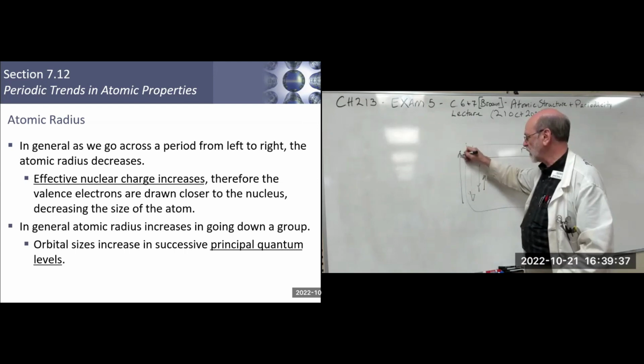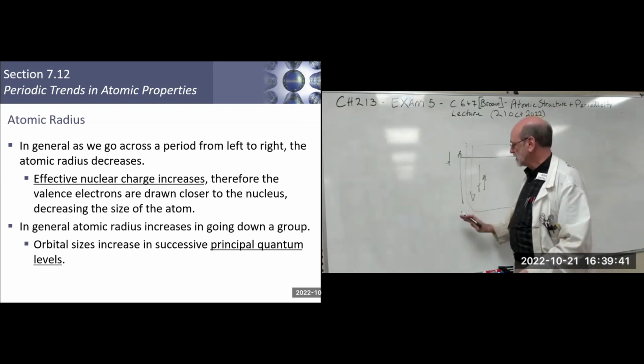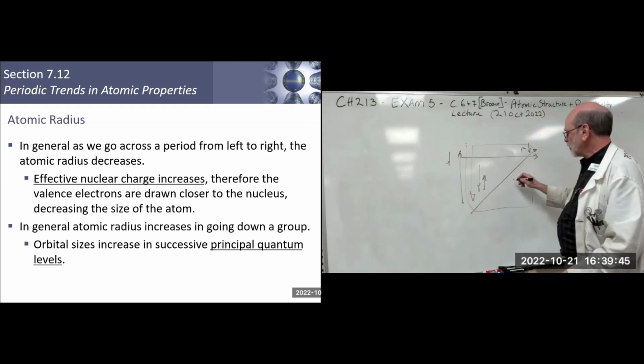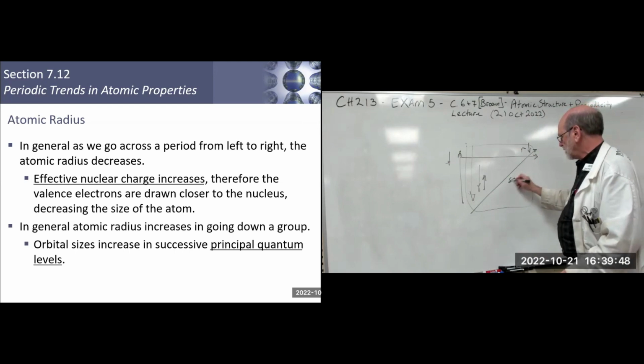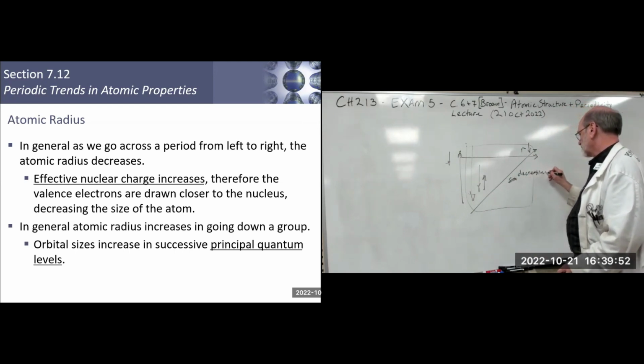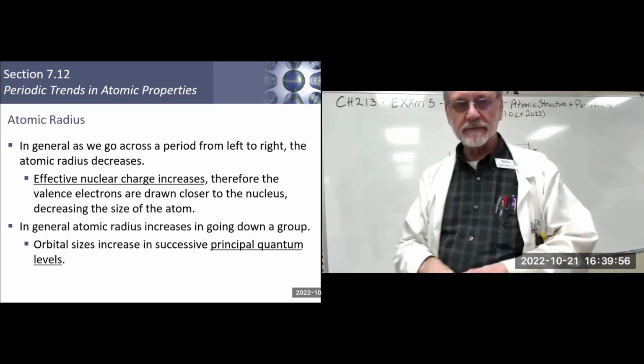So smaller this way, smaller that way, lower left to upper right, decreasing radius. Okay, that's the trend.